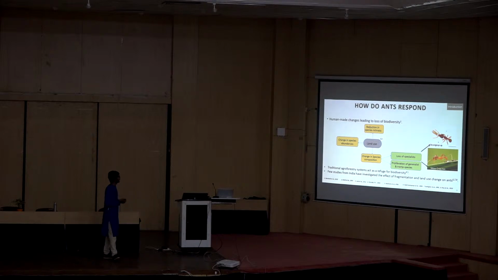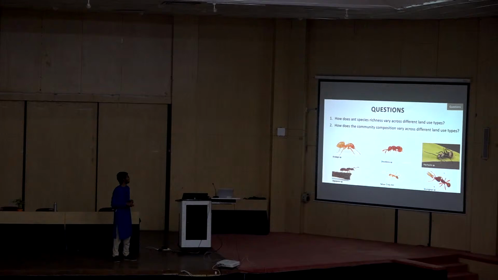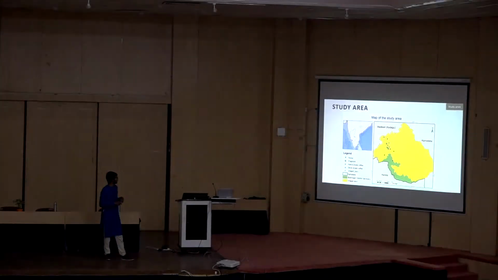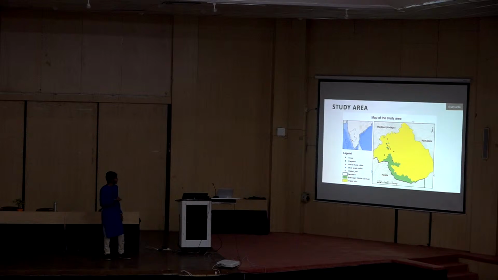And coming to the question on, yeah, I didn't say how many sites I had. I had 3 sites for the 3 fragments, four native shade coffee plantations, 2 silver oak plantations, and 2 forest sites.